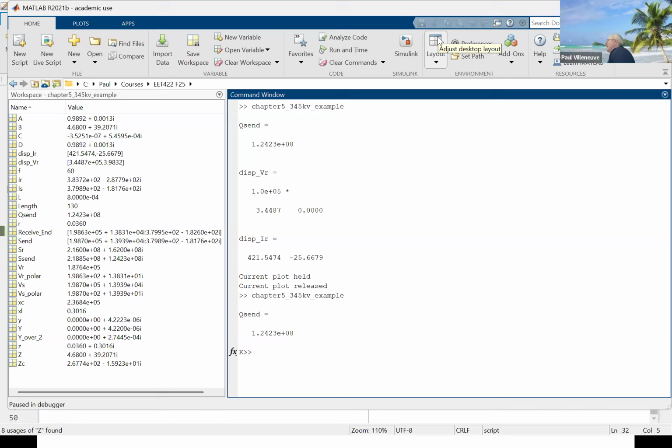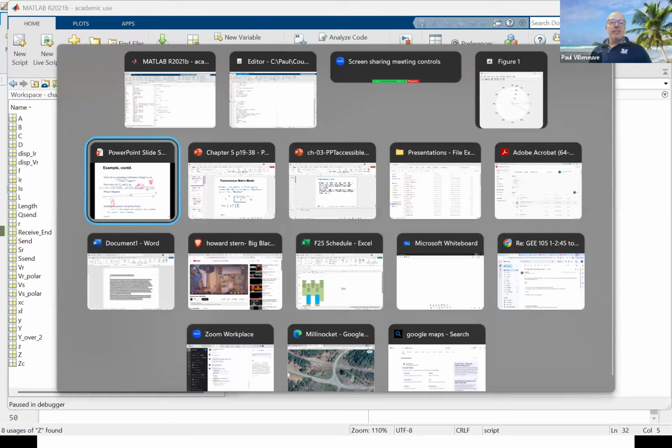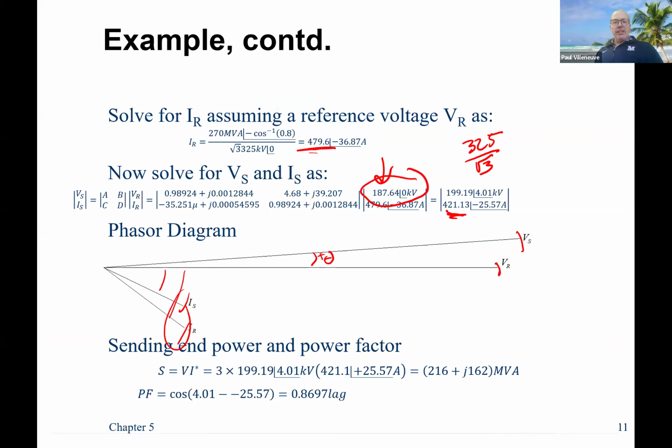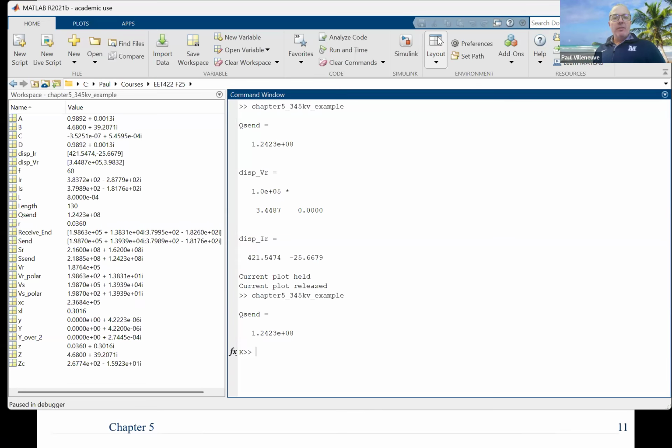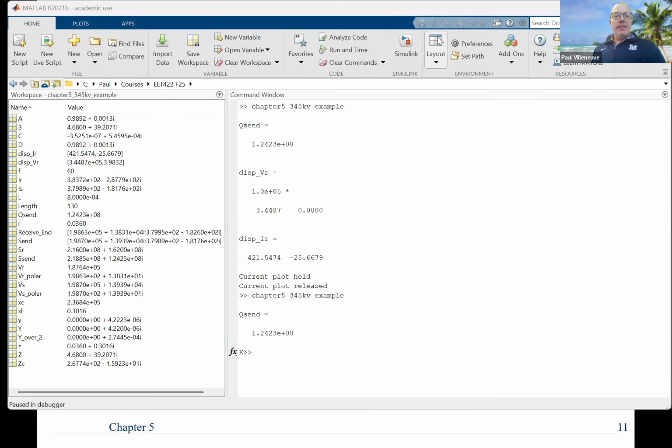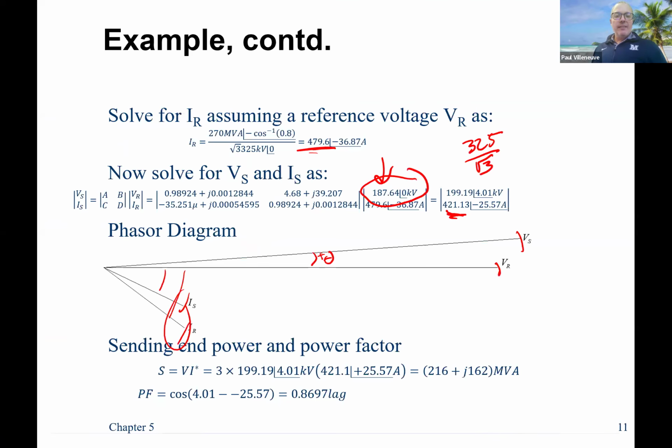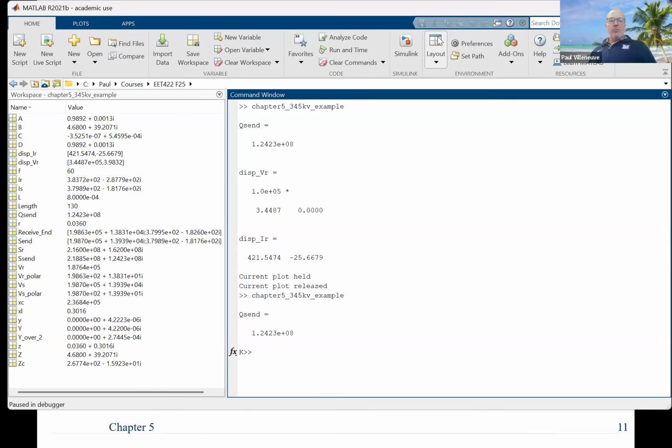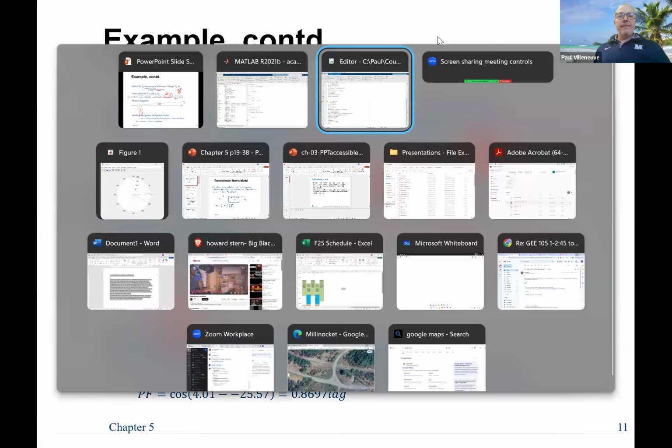So our sending end is 124-ish megavars, which if you look at the slides, I said 162 versus 124. Huh. Did it not display Q send? I'm not sure why that's off a little bit.